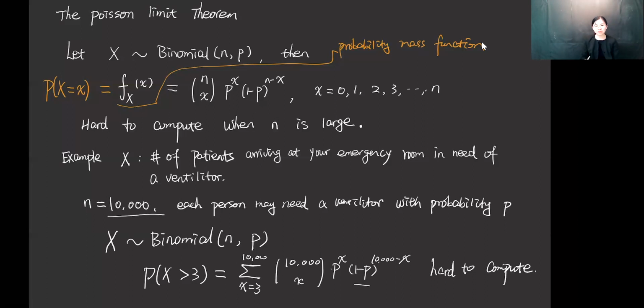If you try to compute this for a reasonable x value on your computer, your computer will tell you that your result may not be accurate. The reason is you are multiplying a huge, huge number by perhaps a very small number, and in this situation computers don't give you very accurate results. So the binomial distribution is hard to compute when n is very large.